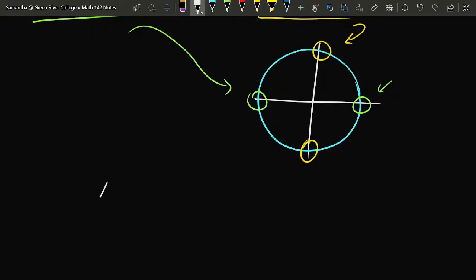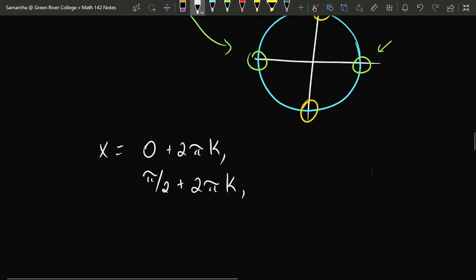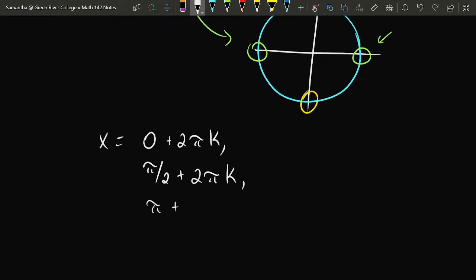For example, if I wanted to be on the far right side, I could use an angle of 0 or any angle coterminal to that. Here at the top, I could use an angle of 2 pi or any angle coterminal to that. Far left would be pi or angle coterminal to that. And at the bottom, I could use 3 pi over 2 or any angle coterminal to that.